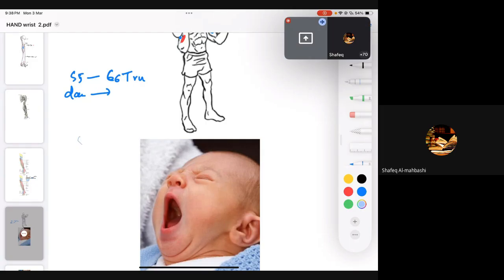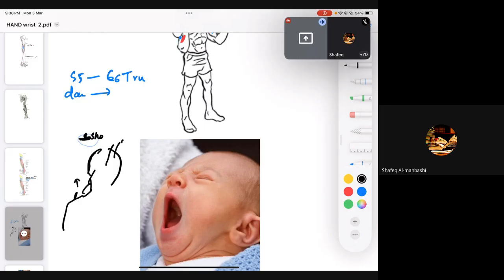For example, it's a birth canal, right? In the birth canal, if a baby is coming out and the shoulder is stuck at the symphysis pubis, and still someone is pulling the head of the baby, what happens?